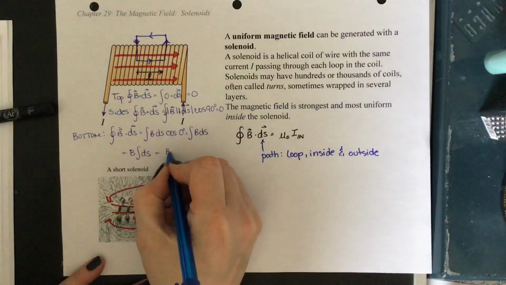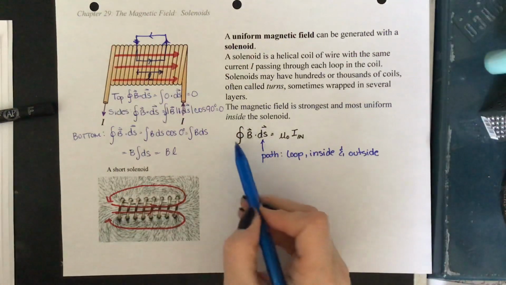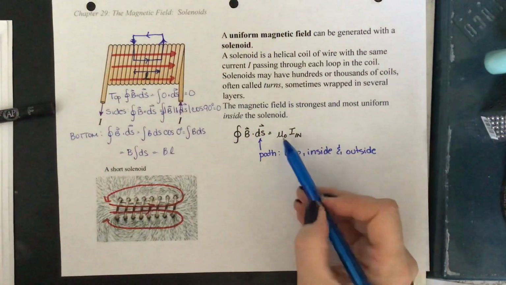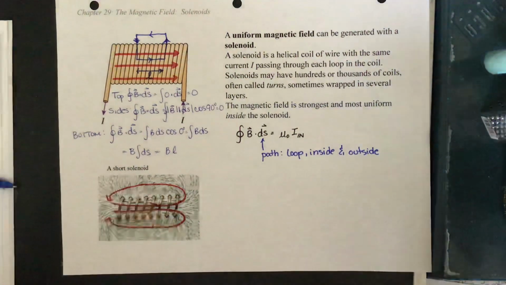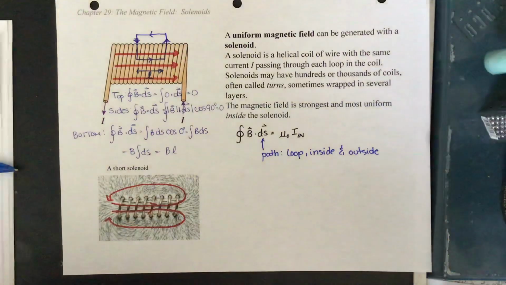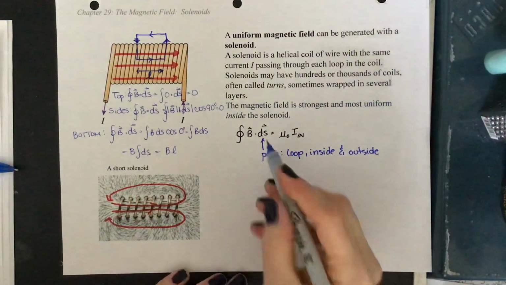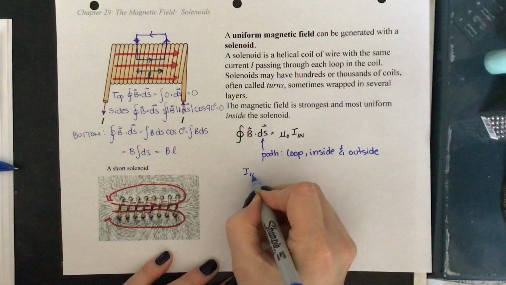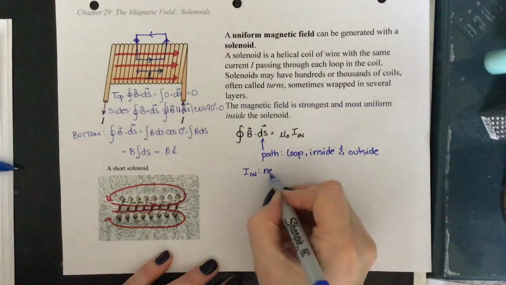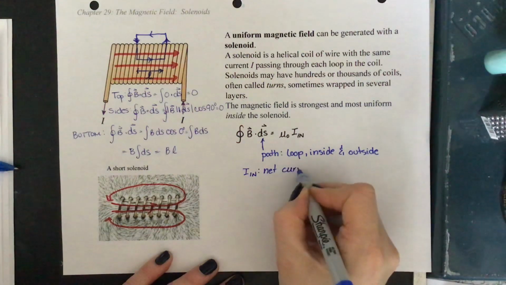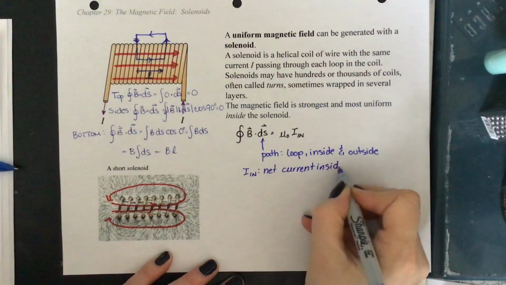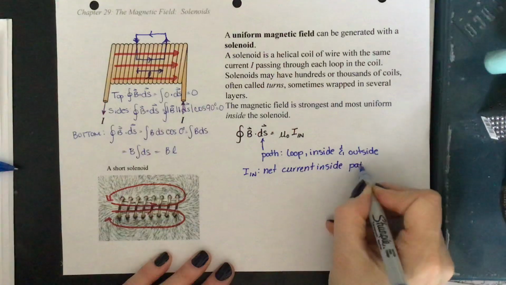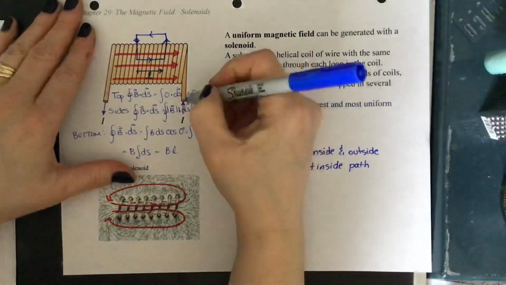Okay, so that takes care of this side of Ampere's law. Let's take care of this side next. What is I_N? I_N means the net current enclosed by our path. Well, if we want to know what that is, we have current I going through our wire, so it swings around.